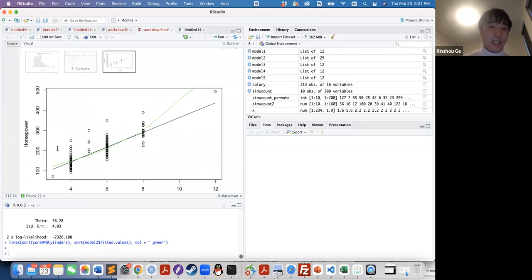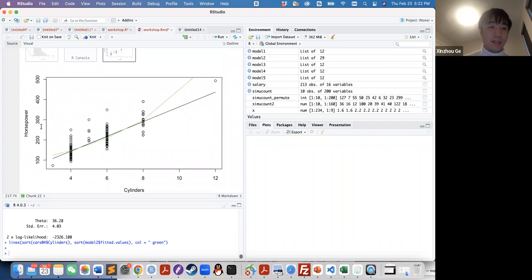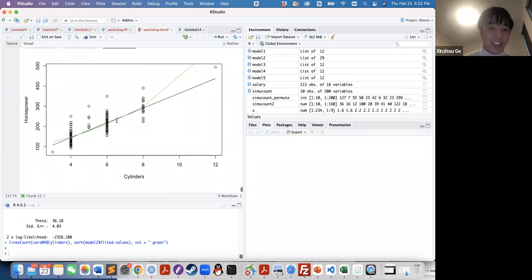So we can see that this time we will have an exponential trend instead of a linear trend from the x-axis and the y-axis. Okay, so we still have the 5 dots above this line.